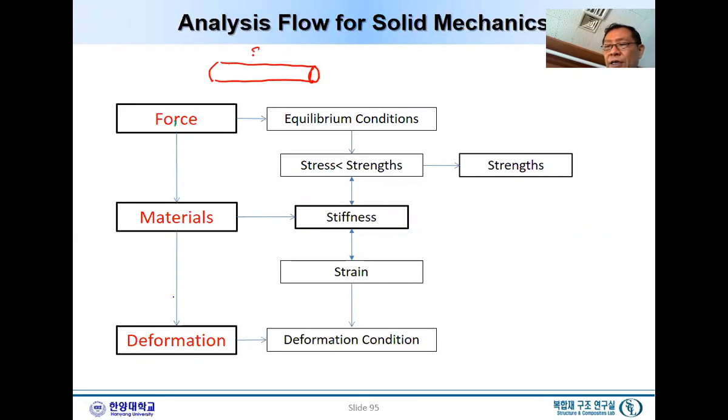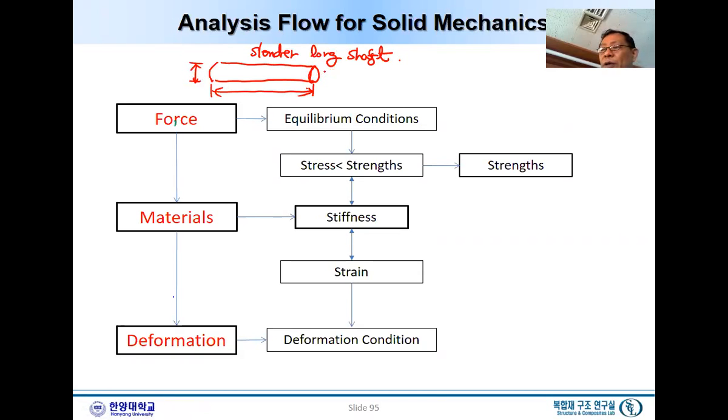Okay, this is a long, slender shaft. Slender means that the dimension of the cross section is much smaller than the length, or the length is much longer than the cross-sectional dimensions.